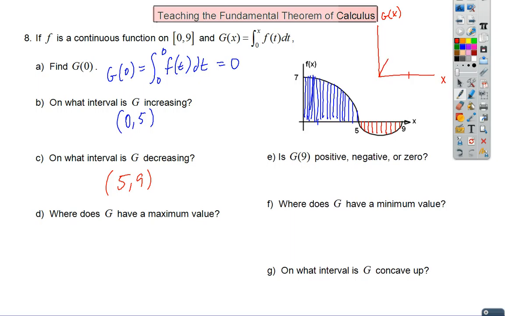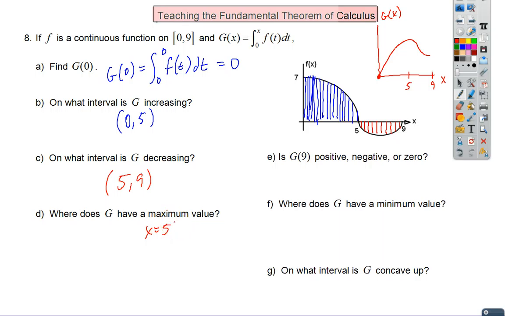So I kept increasing, my increases got smaller and smaller, so here I'm doing this. Then I start decreasing. And then right here, my decreases start getting smaller. And here is 9. There is 5. And I knew that this point was 0, 0 because of part A. So where do I have a maximum value? When x is equal to 5. That's where it has it.